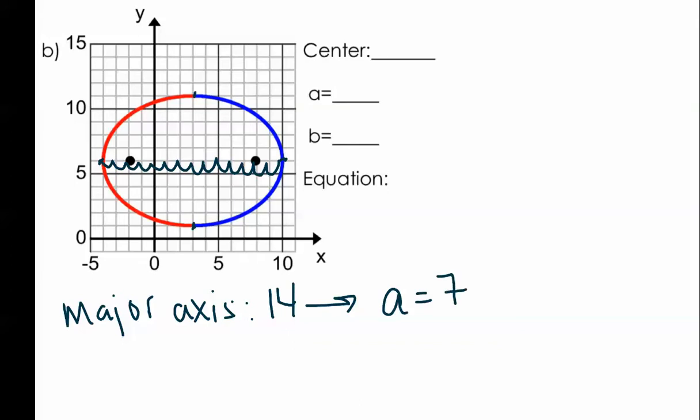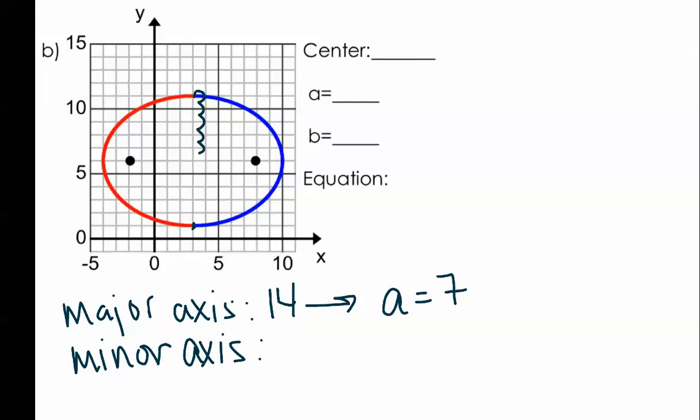Remember, your major axis always goes with A, and your A value is half the length. Now we can find our minor axis. Our minor axis length goes from up here, 1, 2, 3, 4, 5, 6, 7, 8, 9, 10. So my minor axis is 10. That's going to tell me that B equals 5.